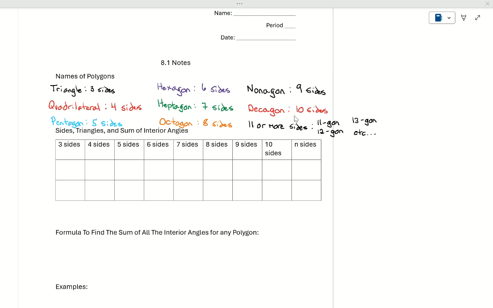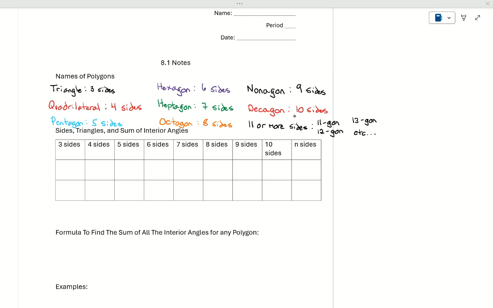And like we talked about, for this class, if a shape has 11 or more sides to it, we just refer to those shapes based upon the number of sides it has. So if a shape has 11 sides, we will call that an 11gon. Shape has 12 sides, we call that a 12gon.